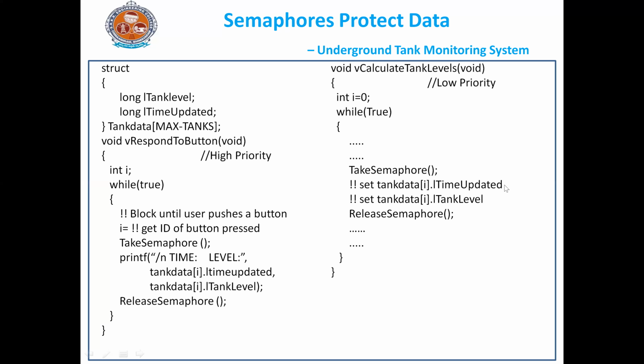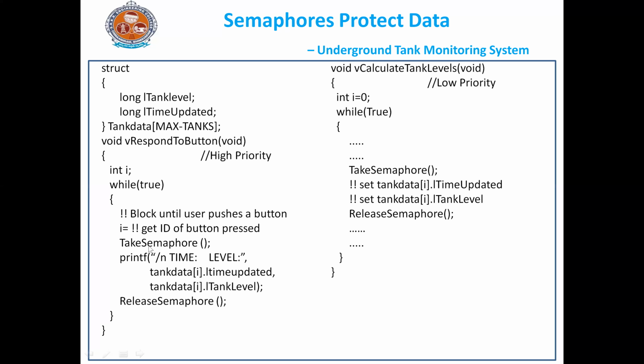The time is updated. So after this, what happens? Now the user presses the button. Even though the user presses the button, immediately this will stop and the control will come here. So once the control has come here, these statements will be executed.